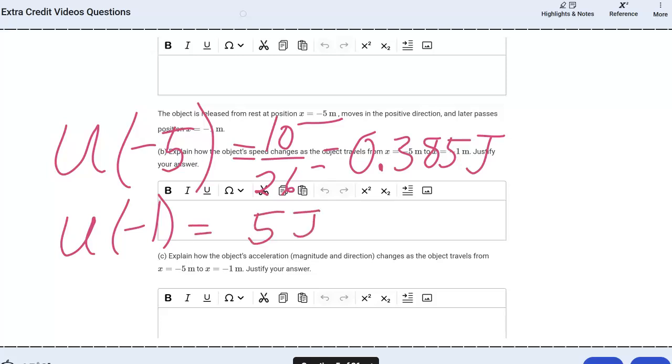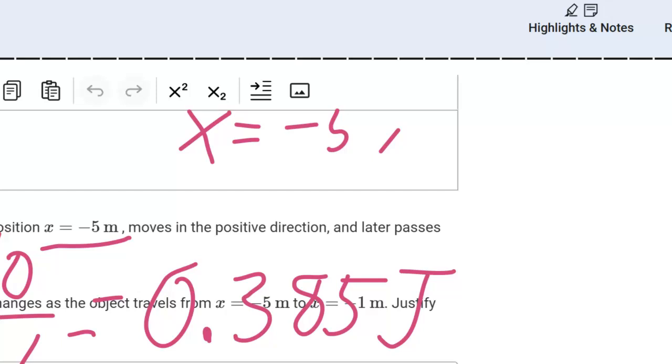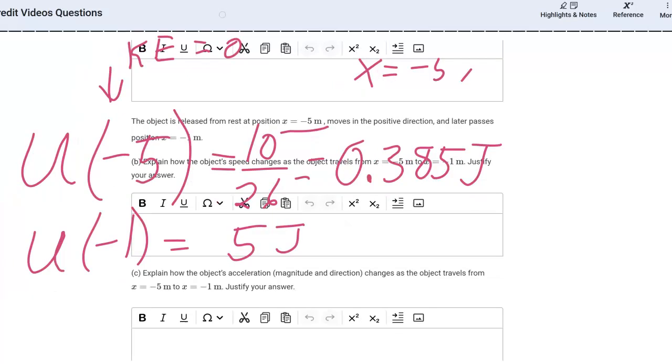It's 5 joules. So since the object is released from rest, the kinetic energy is 0 at x equals -5. So KE equals 0. So our speed at x equals -5 is 0, because our equation for kinetic energy is 1/2 mv squared.